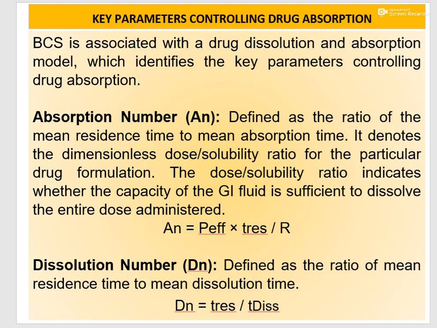Now, key parameters controlling drug absorption. There are three parameters. First is the absorption number, denoted by AN. It is defined as the ratio of mean residence time to mean absorption time. Mean residence time means the time for which a particular dosage form resides in the GI system.